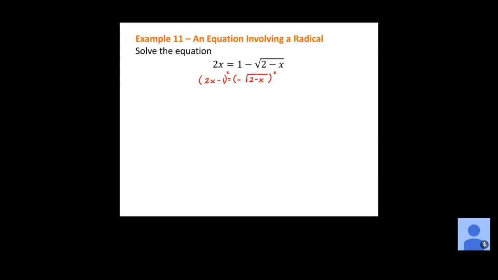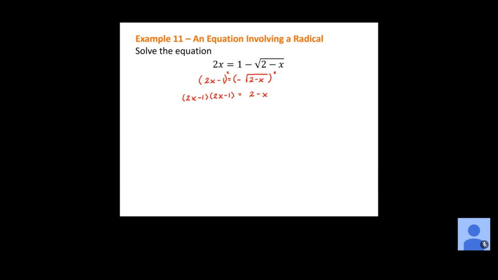So let's write this down twice, and then we'll use FOIL. So this is 2x minus 1 times itself. And then what are we going to be left with on the right-hand side once we square that? Okay, so remember the negative when we square it goes away. So all that's going to be left now when I square that square root is whatever's inside the square root. So it's actually going to come out just as 2 minus x.